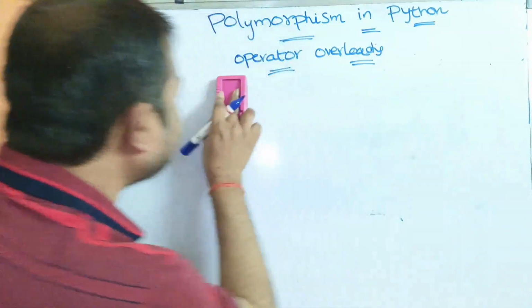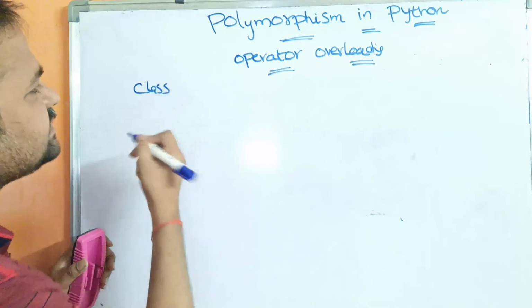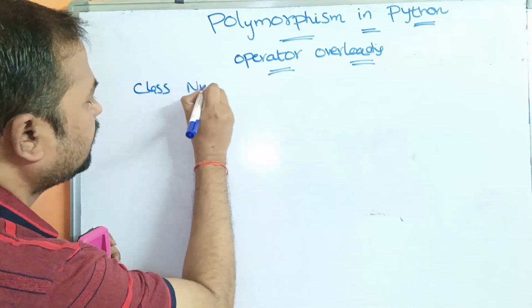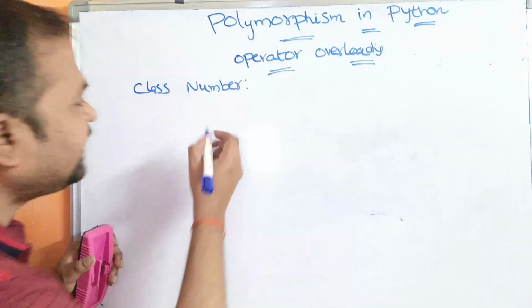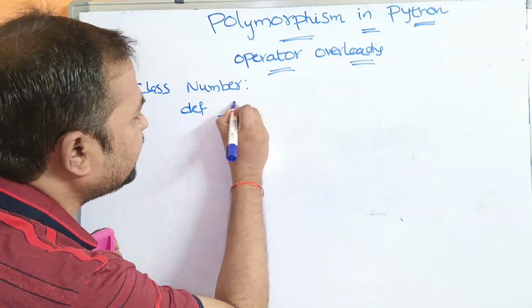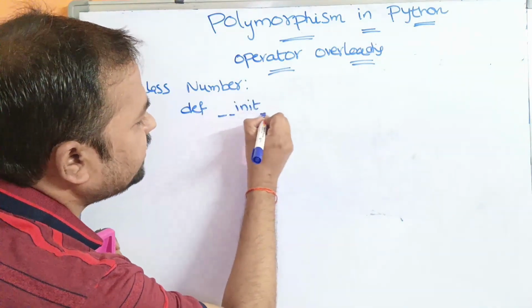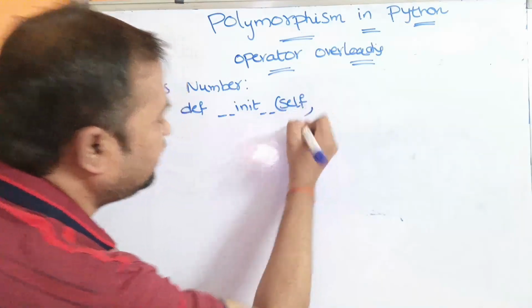So let us define the class. Let the name of the class be Number, with uppercase N. Let us define a constructor, def __init__. The first parameter of the init method is self.